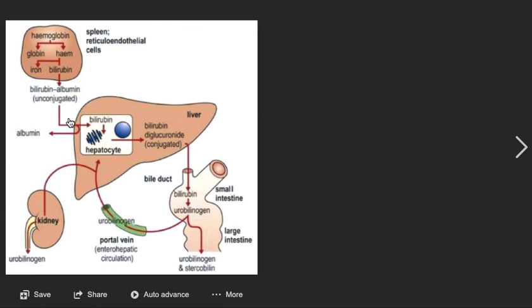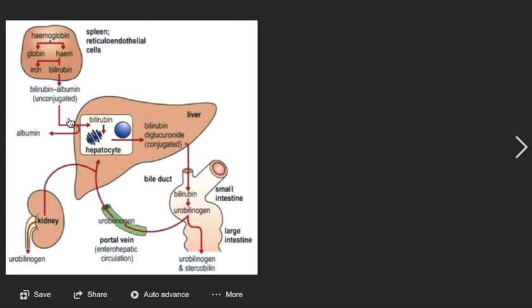Now the important thing over here, maybe many of you were thinking, what is lactate dehydrogenase? So guys, lactate dehydrogenase is basically LDH.